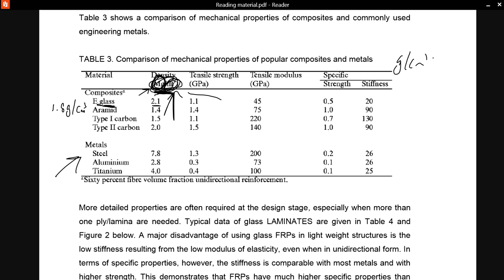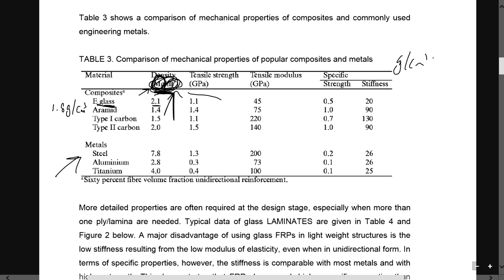If I'm not wrong, you actually don't need to convert, because the value is 2.1 times 10 to the power of minus 3. Meter cube to cm cube, I think, is 10 to the power of 3? Because cm to meter is 100, so it's 100 to the power of 3, which is quite a lot.